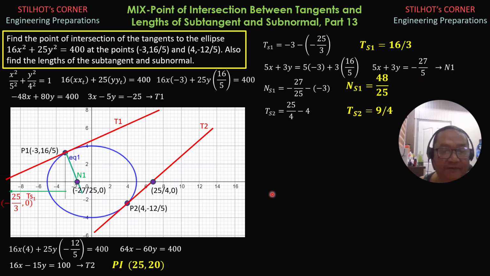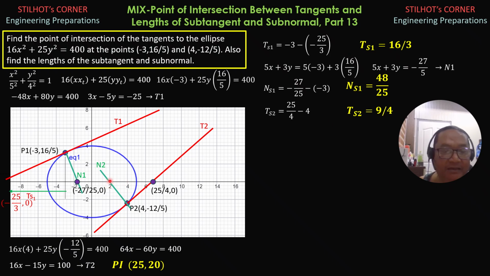If you use the formula, it is the absolute value of negative 12 over 5, yt2, divided by the slope of tangent 2, which is 16 over 15. And when the absolute value of negative 12 over 5 is divided by 16 over 15, that should be 9 over 4.